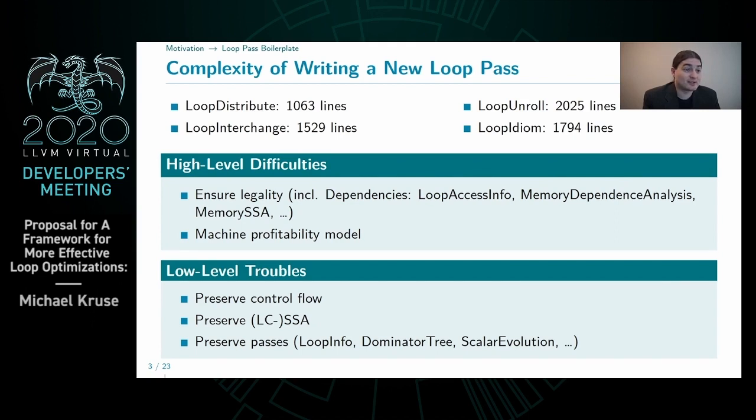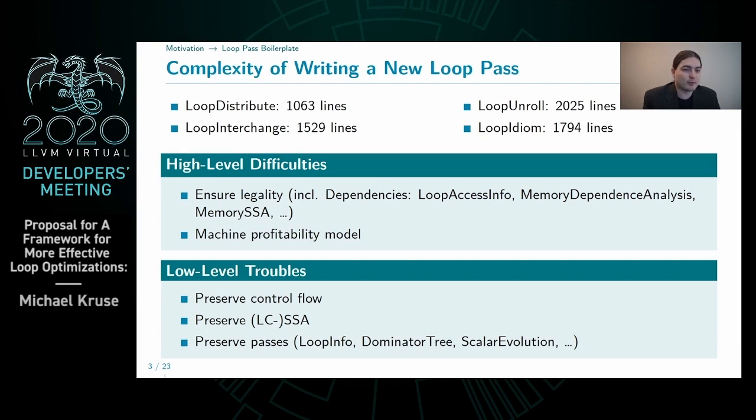Currently, loop passes have relatively many lines of code compared to what they implement. Every pass basically has to re-implement a profitability cost model and customize dependency analysis. Because of all the details to consider, it is also hard to ensure no miscompilation. In addition to that, loop passes have to handle a couple of low-level issues like preserving analyses and normal forms.